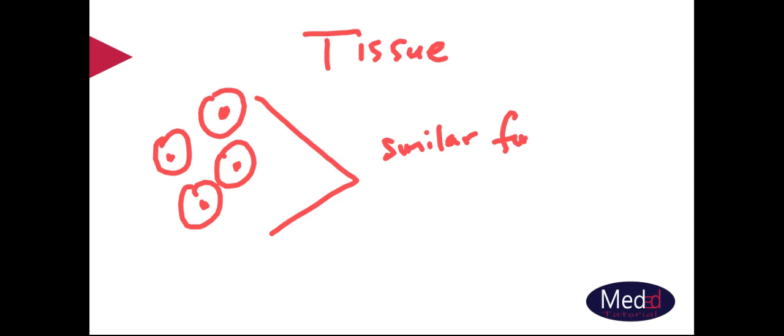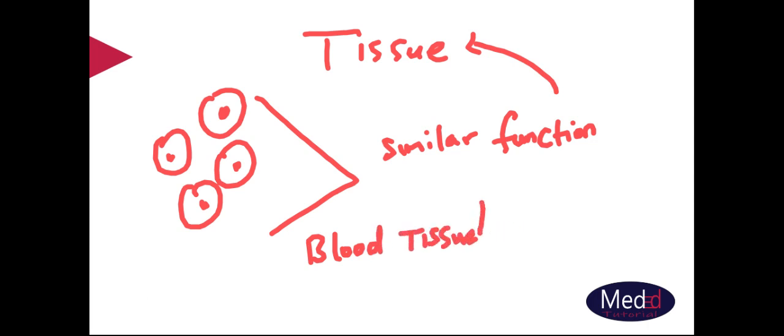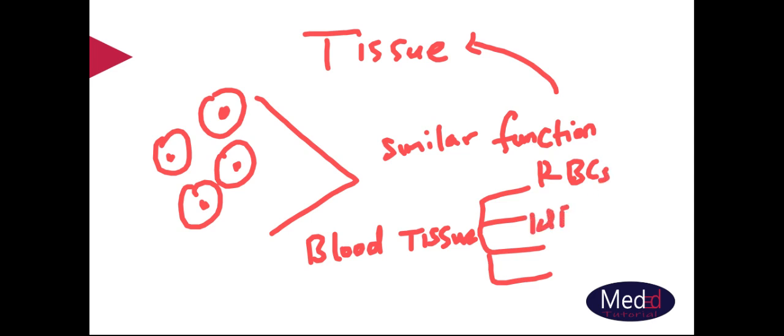When they perform a similar function, we say that we have a tissue. A very good example is the blood tissue. Blood is a liquid tissue, and there are several cell components that make it up: the red blood cells, the white blood cells, the platelets, and the plasma cells.